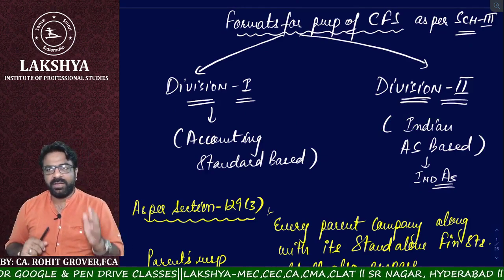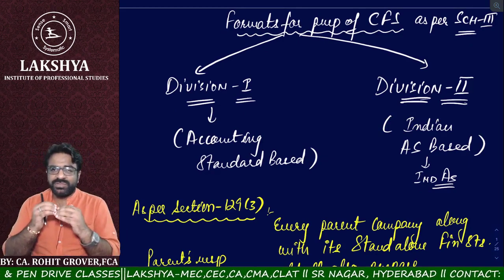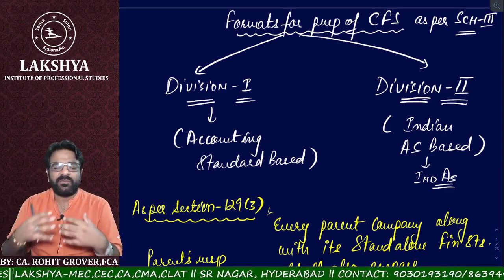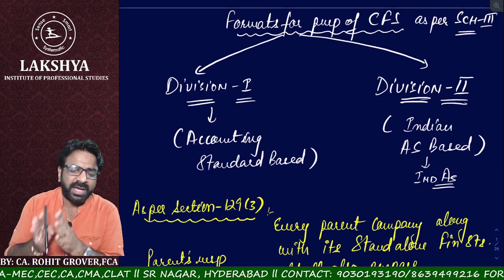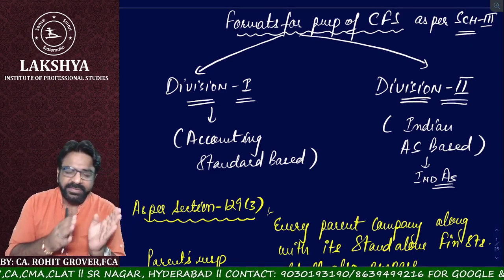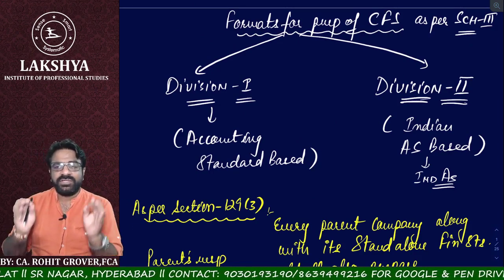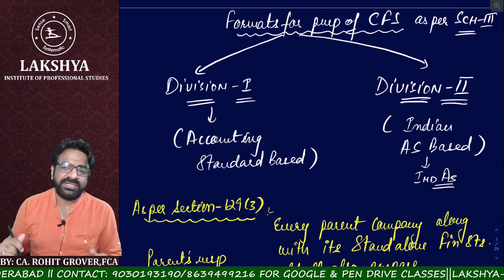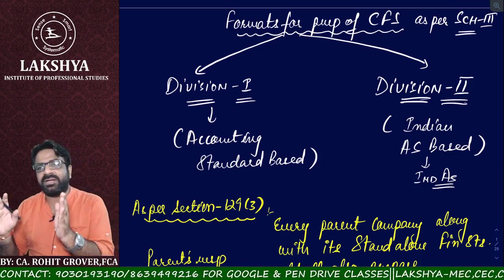Remember one thing: the set of companies which use the accounting standards while preparing the financial statement are covered under division 1. And another set of companies which use the IND-AS, Indian Accounting Standards, are covered under division 2.